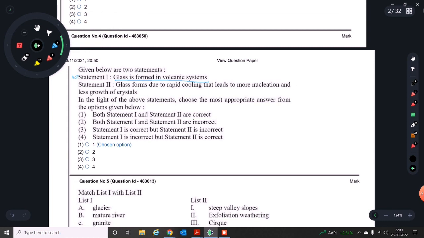Statement 1 is absolutely correct. Glass is formed in volcanic systems. In plutonic systems, with more depth beneath the earth, there is more time to form crystals. So you won't get glass in plutonic systems. You will get clear mineral crystals that are developed.